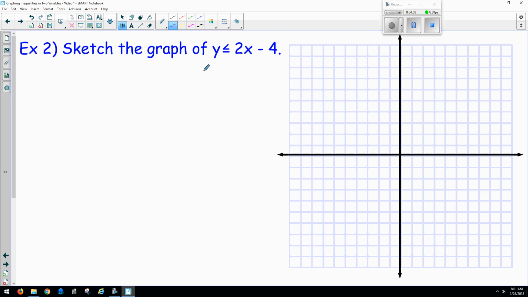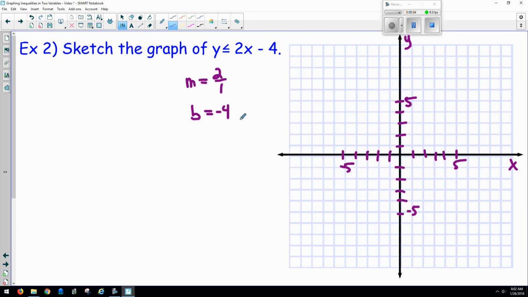So we're going to graph the same exact line. So the slope is still 2 over 1, y-intercept is -4. Go ahead and draw another sketch because this one's going to be a little bit different than the one we just graphed.